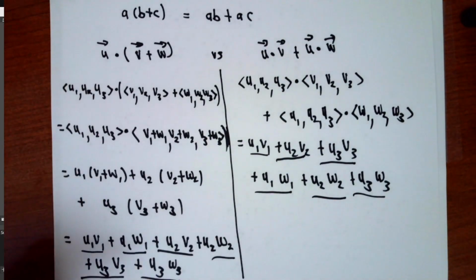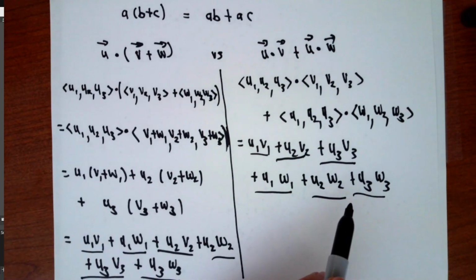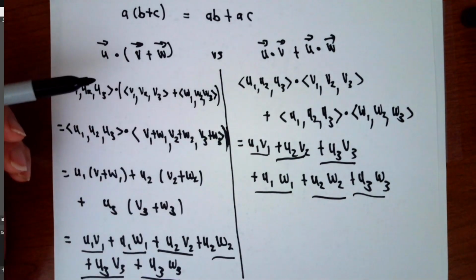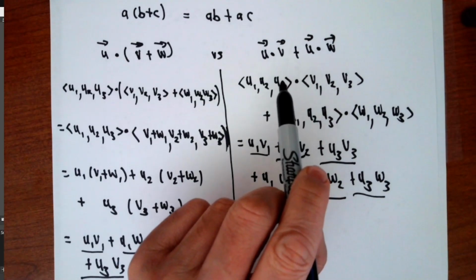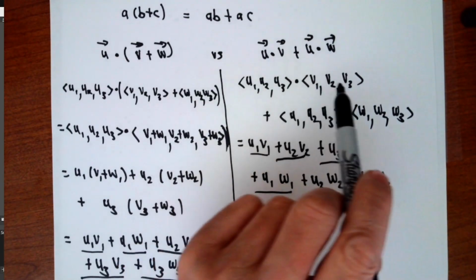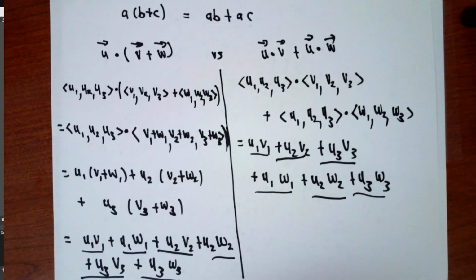This expression and that expression are the same. u dot (v plus w) is always the same thing as the number u dot v plus the number u dot w.